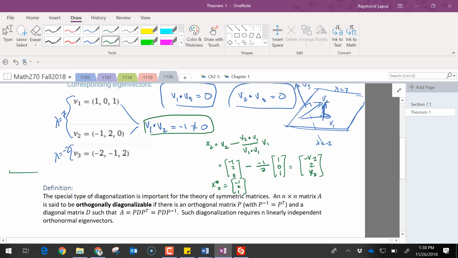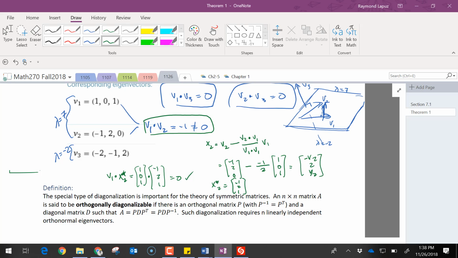So x2 star, or even x2, should be perpendicular to V1. Let's check. V1 dotted with x2 star is the dot product of 1, 0, 1 and -1, 4, 1. So that's equal to 0, right? And this is still on the plane that's perpendicular to V3.